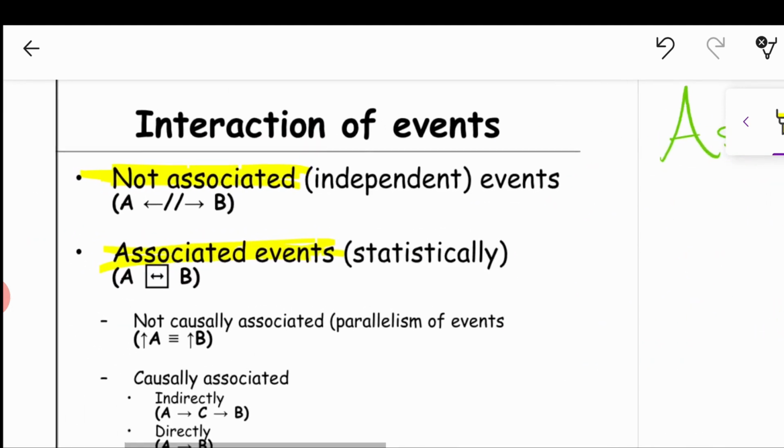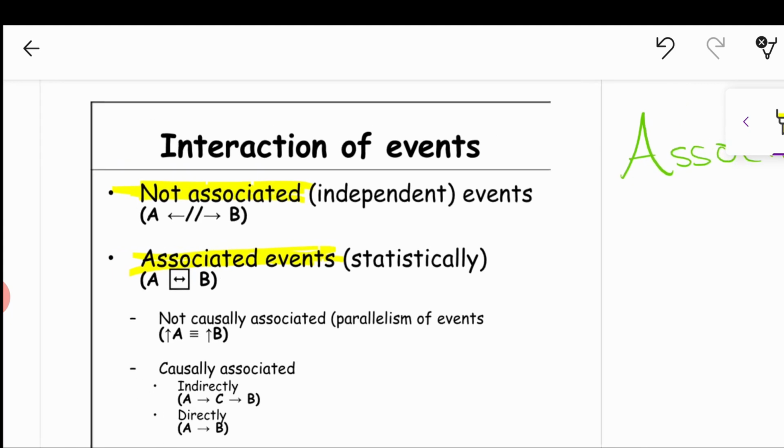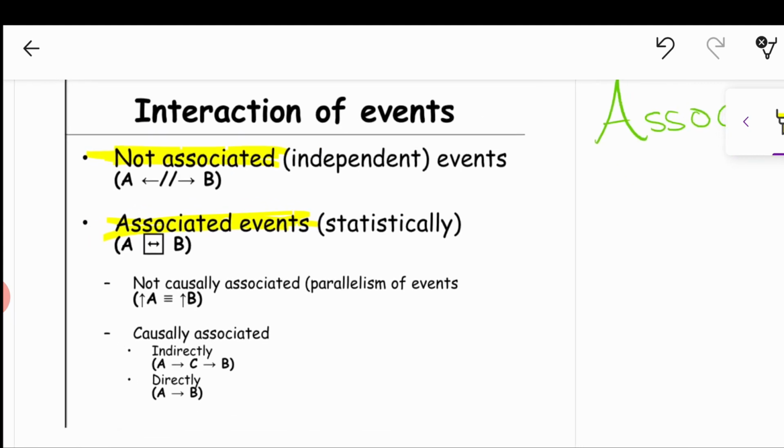So non-associated or independent events, A has no effect on B. Alright. But associated events or correlated events have some statistical or correlatory impact on B. However, again, I want to mention one more time that this does not mean there's a causation. Alright.